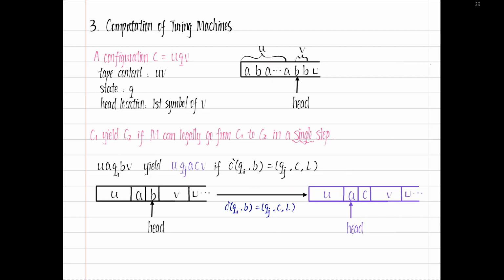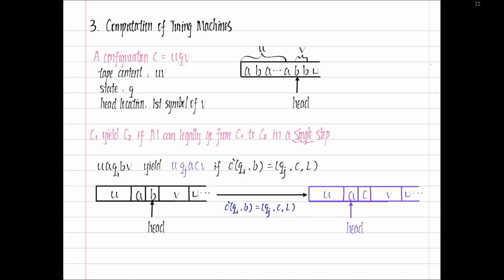To draw the tape, the head, and the state is cumbersome. For convenience, we use configurations. A configuration specifies the tape content, the tape head position, and the current state in one string. A configuration C equals UQV means the tape content is UV on the leftmost cells, followed by blank symbols everywhere else.